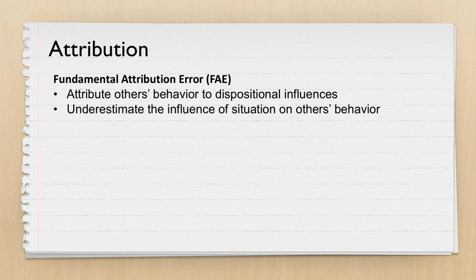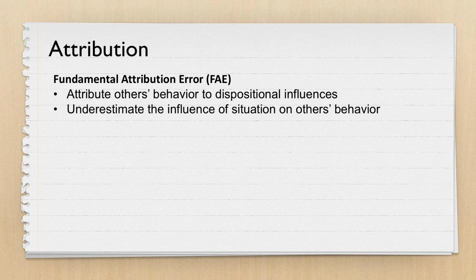For example, let's say we hear that so and so didn't do well on their exam. So we think, boy, they must not be very smart. We make a dispositional attribution, and we don't think about the fact that maybe this person didn't do so well because they were up all night helping a friend, or because they just went through a breakup.